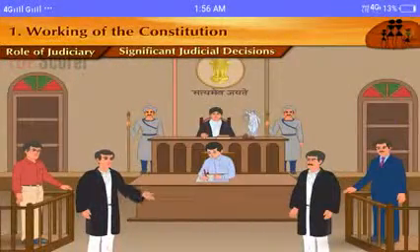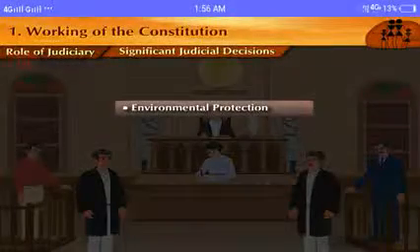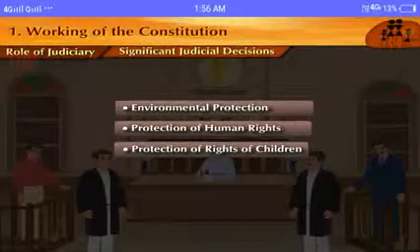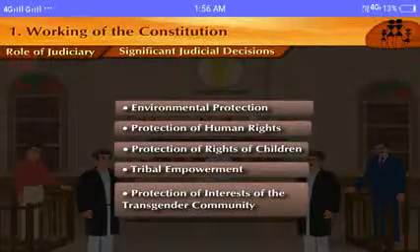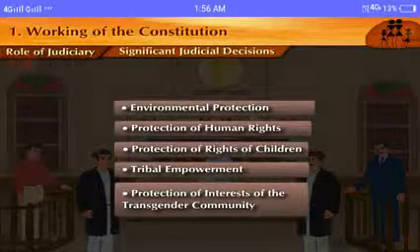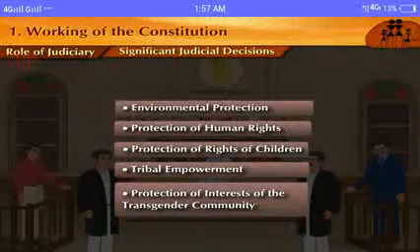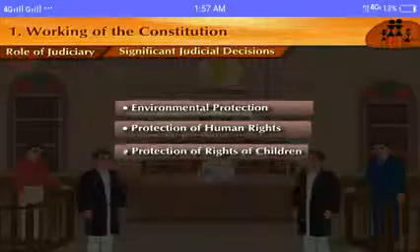Furthermore, the judiciary has made several efforts towards environmental protection, protection of human rights, protection of rights of children, tribal empowerment, and protection of interests of the transgender community. With the passage of time, these efforts resulted in the Indian political process becoming more mature.